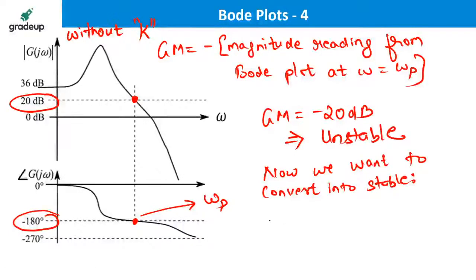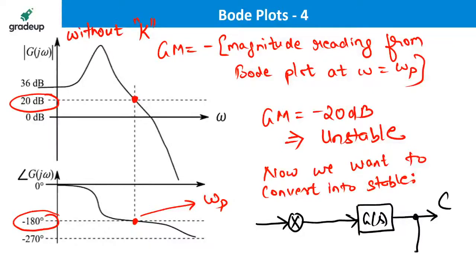For that, a block diagram configuration has been given. First I will just make the changes here only. First I took only GS, and this system has come to be unstable. This is unstable without K. But now, introducing the gain K in cascade with GS, this may be converted to stable.